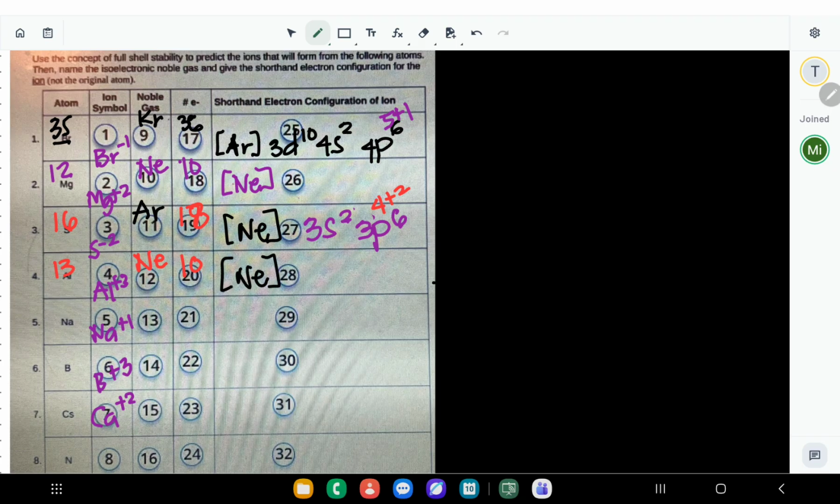Neon has 10, so we can write its shorthand: 1s2, 2s2, 2p6, that is 10, and then we subtract 3. The electron configuration of the aluminum ion is equal to neon, so that's it. It only has 10 electrons. Okay, no questions on that?